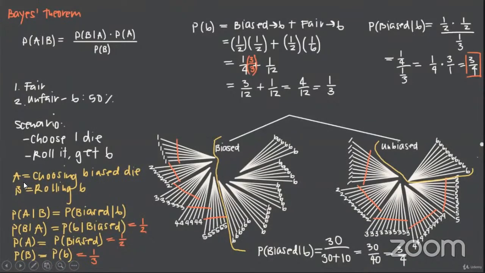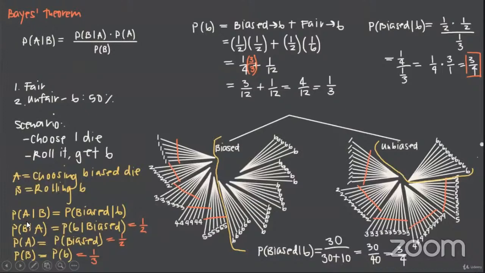Now, let me go ahead and see probability of A given B, which is the Bayes theorem formula. Let's go ahead and derive each one of them.